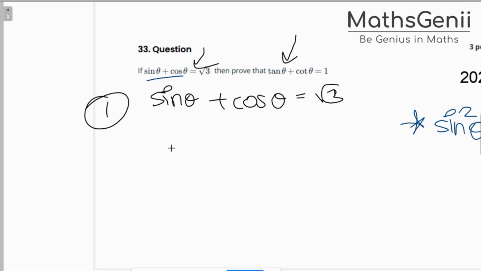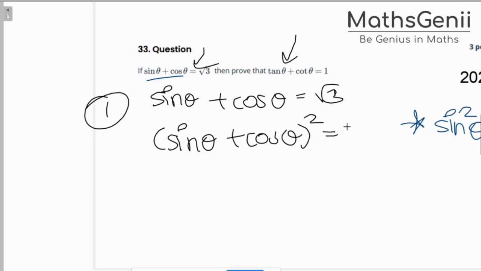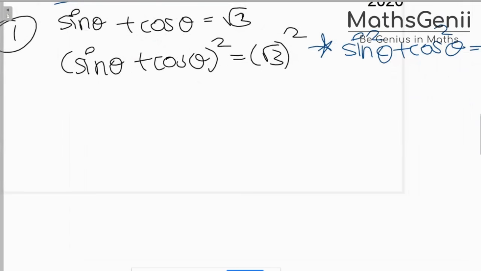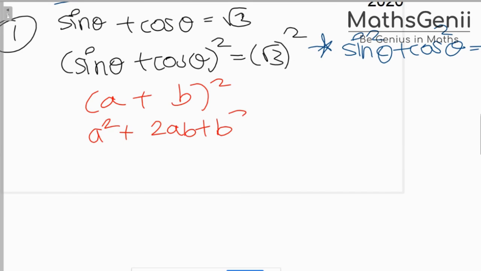Squaring both sides, when you square, you get sine theta plus cos theta whole square is equal to root 3 square. Here I'm using the a plus b whole square formula. What is the formula? a square plus 2ab plus b square.